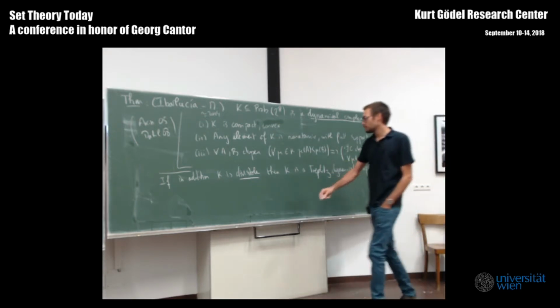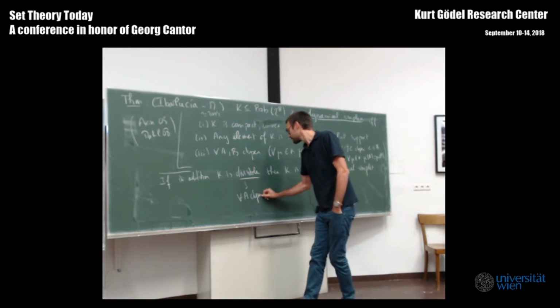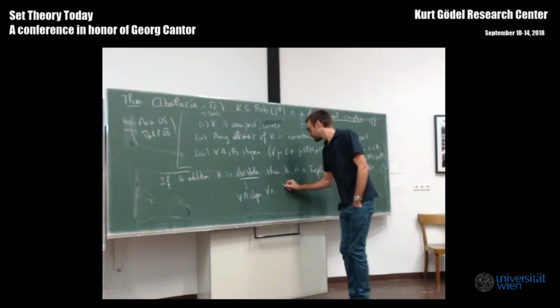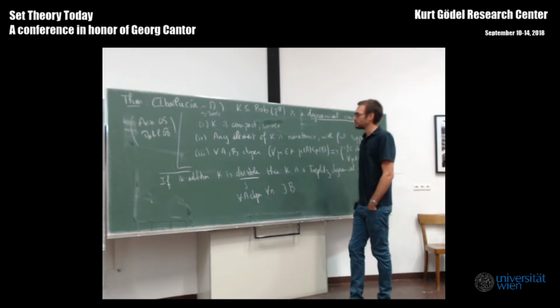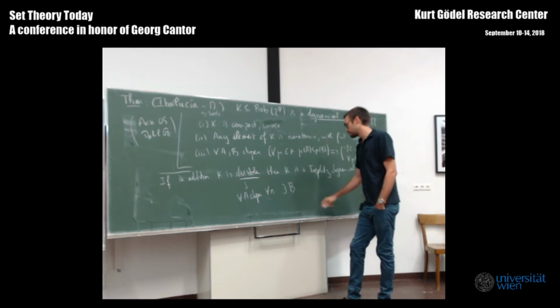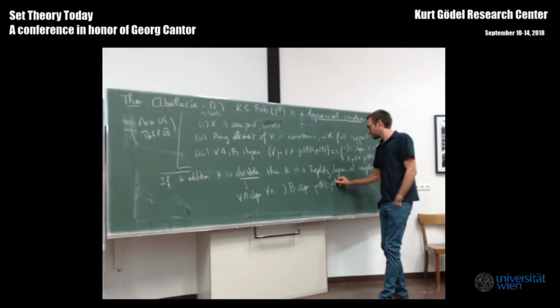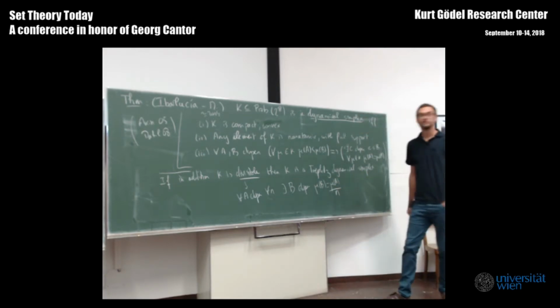And what does divisible mean? It just means that for any A Clopen and for any integer n, there exists B, which you may assume to be inside of A if you want or not, with this condition it doesn't matter, Clopen, such that the measure of B is equal to the measure of A divided by n.